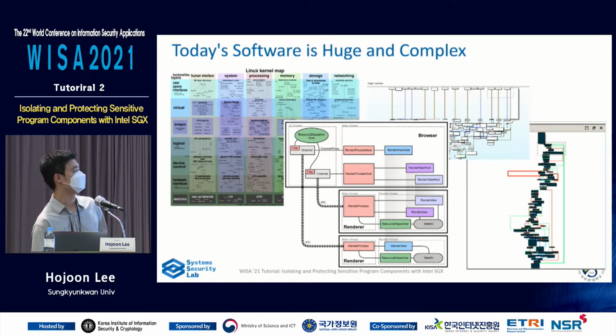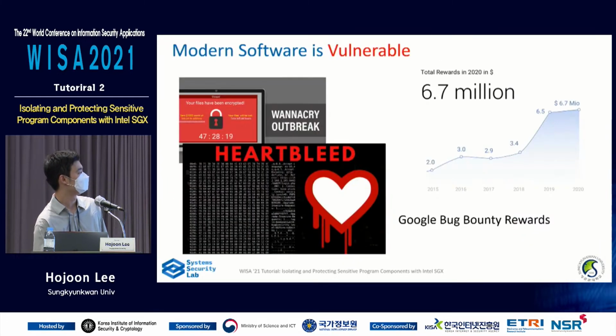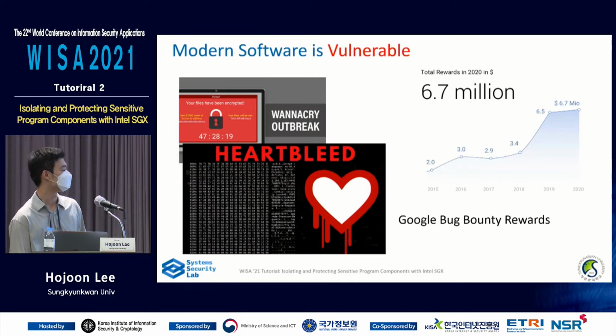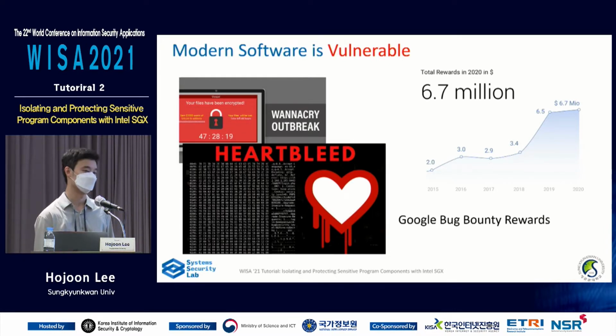So today's software is huge and complex, and what can be wrong with that? It is vulnerable because it's huge and complex. We have experienced a few worldwide zero-day breakouts, such as WannaCry, Heartbleed, and so forth. Software vulnerabilities nowadays affect everyone around the world.